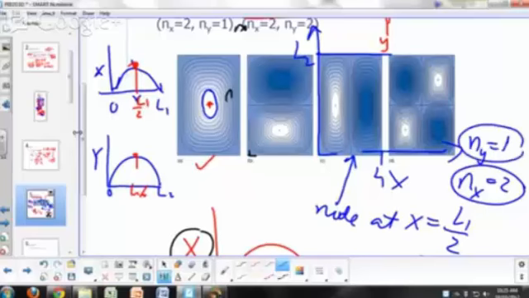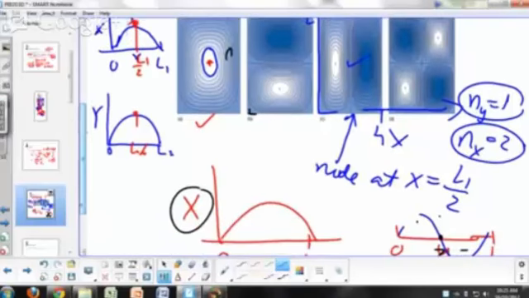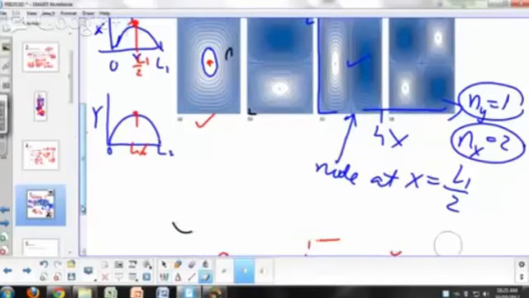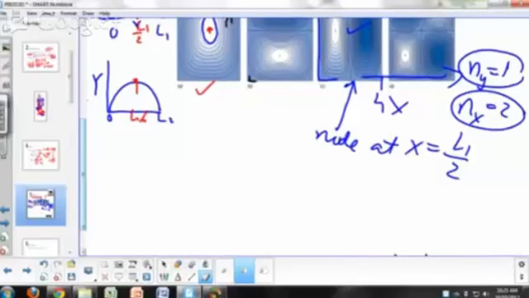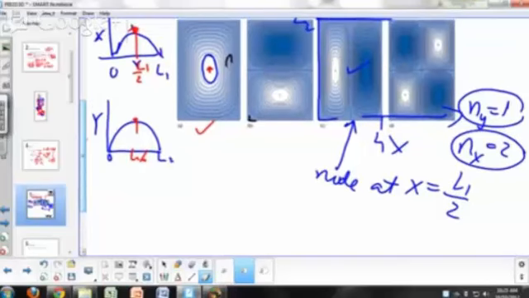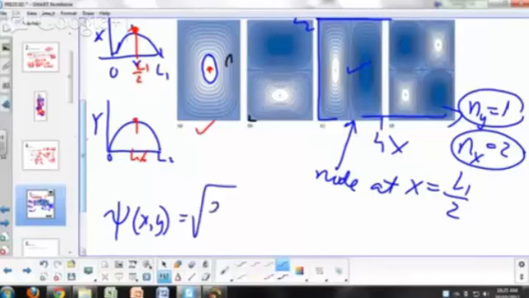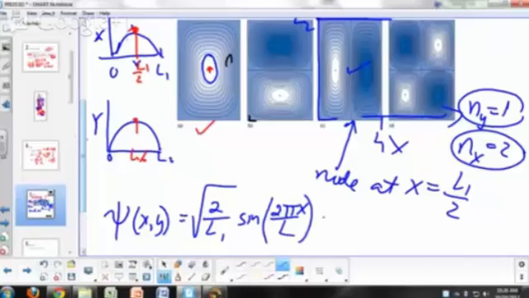All right. So if I were to give you this plot and ask you to write the wave function, what would it be? You're going to say that psi as a function of x and y is going to be square root of 2 over L1 sine, what's n sub x here? 2, so 2 pi x over L1, times square root of 2 over L2 times sine, and what's n sub y?